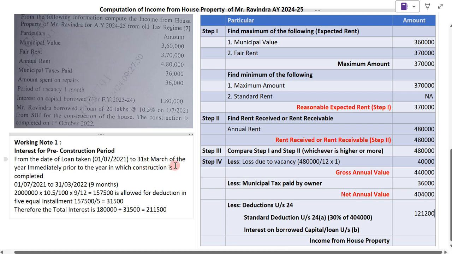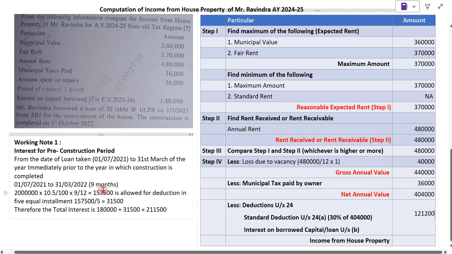Then of the year immediately prior to the year in which the construction is completed. Now in which year is the construction completed? In the year 2022. So from 1st July 2021 to 31st March 2022, that is the financial year end. From 1st July to 31st March, how many months are there? 9 months.